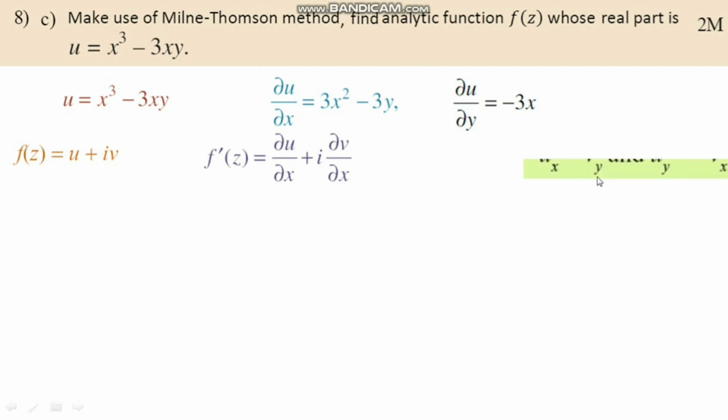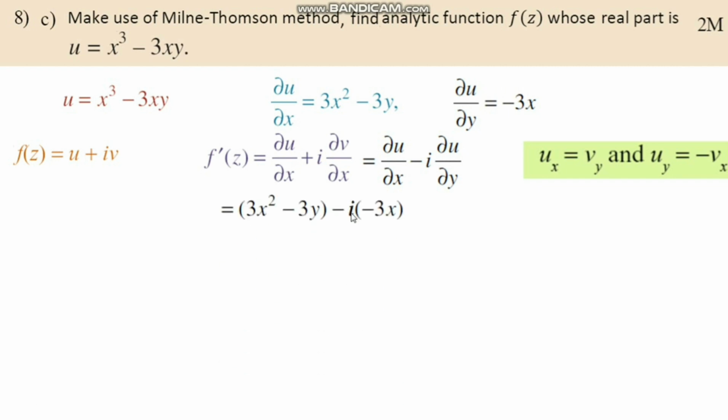By using CR equations, ∂v/∂x equals negative ∂u/∂y. So ∂v/∂x is replaced with negative ∂u/∂y. ∂u/∂x is a known quantity, ∂u/∂y is also a known quantity. Express ∂u/∂x as 3x square negative 3y, minus i times ∂u/∂y, negative 3x.